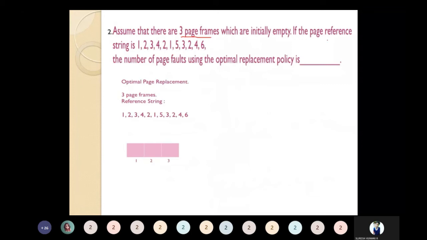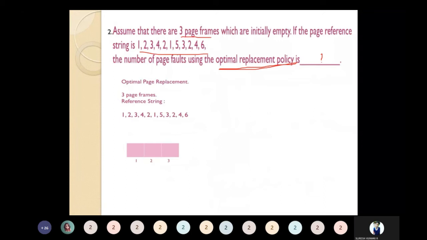The page reference string is given. We need to find the number of page faults using the optimal page replacement policy. So how many page faults do we get by using this optimal replacement policy?